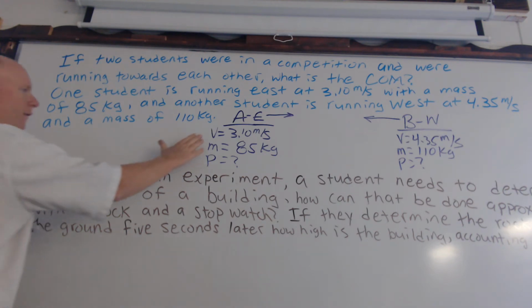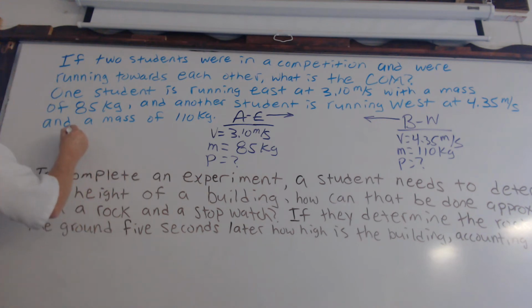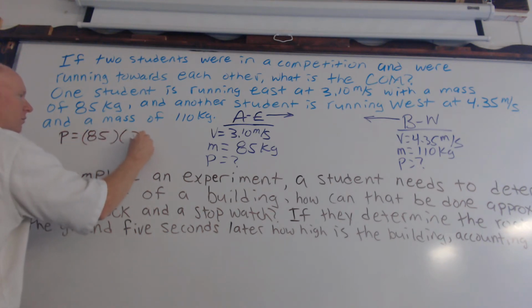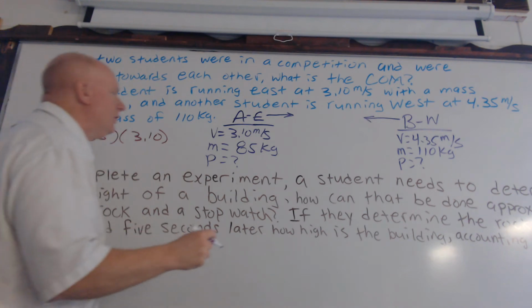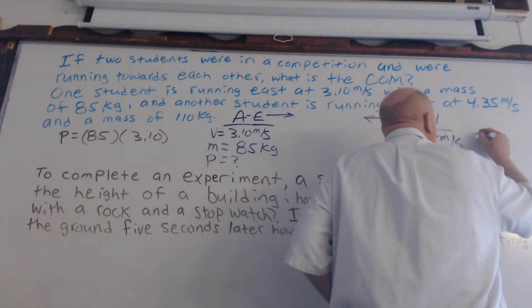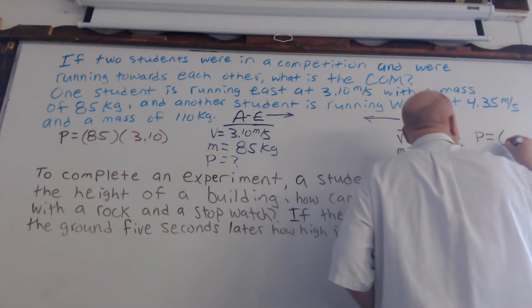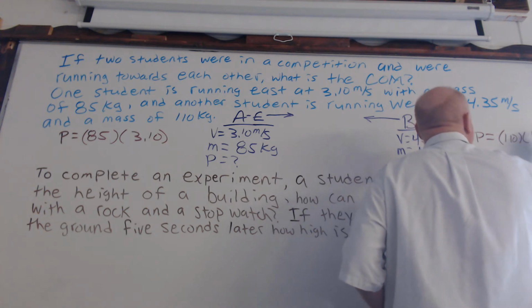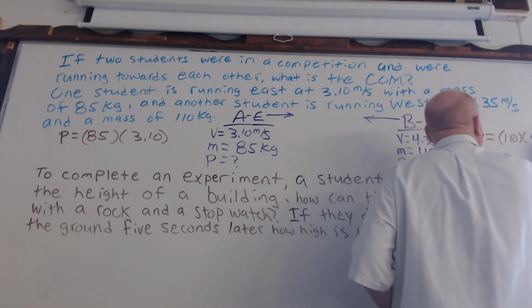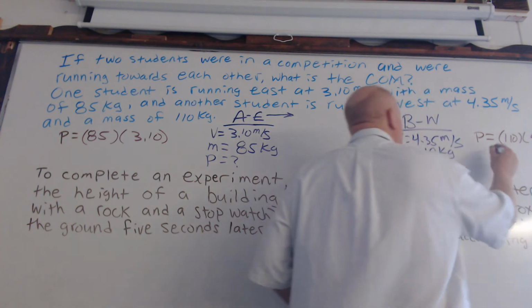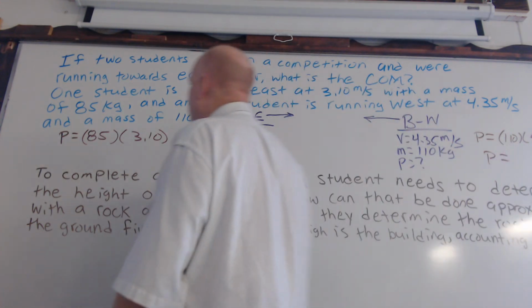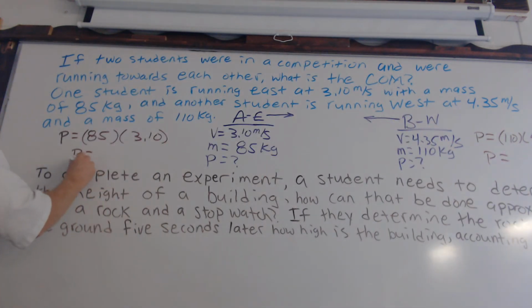So do what the formula tells you to do: momentum equals mass times velocity, so P equals 85 times 3.10. We do the same thing over here: P equals 110 times 4.35, and get our momentums.